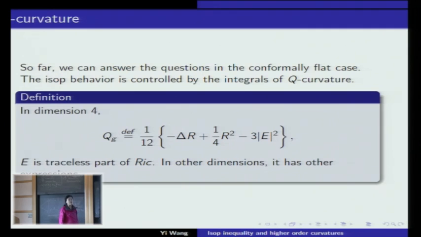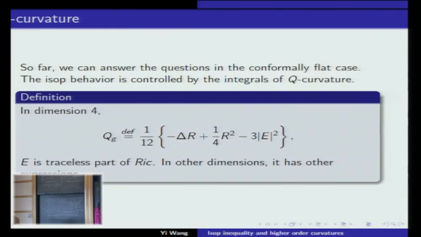Okay. So far we can answer these questions in the conformally flat case. And the right curvature to look at, related to question 2, is the Q curvature. Well, it's kind of hard to define Q curvature in short words, but let's say in dimension 4, the definition is a linear combination of higher order curvatures.